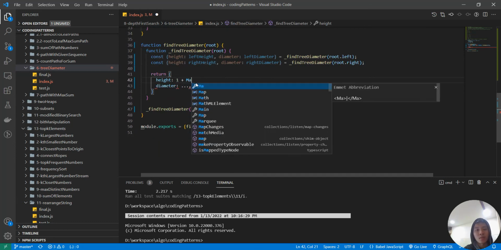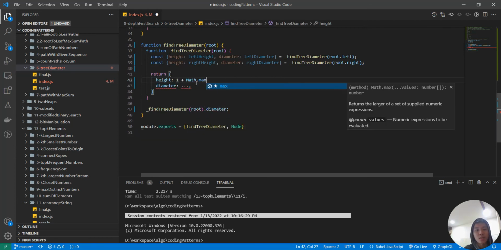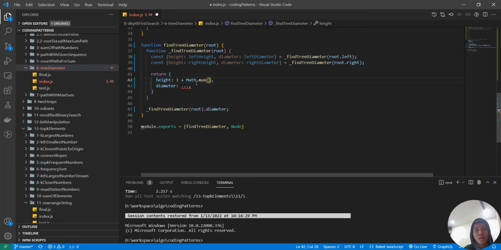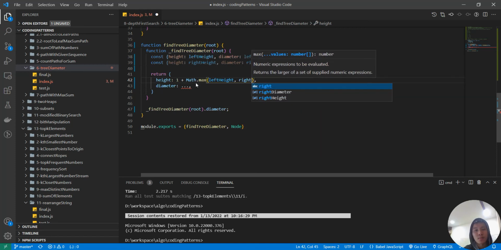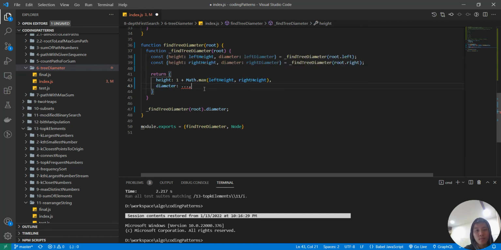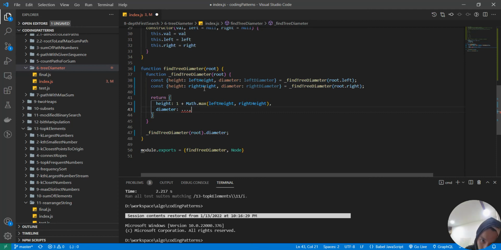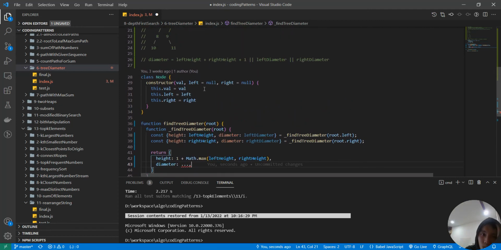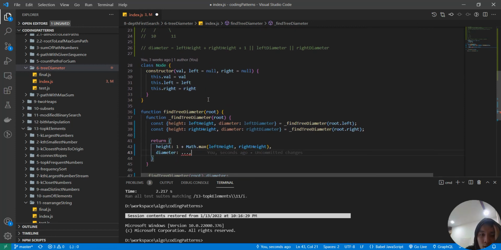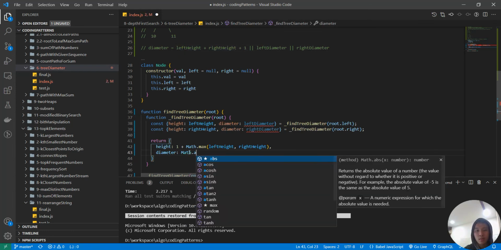So it will be max of left height and right height. Okay, diameter. As we discussed earlier, the diameter of a root could be either one of these values, and we would take the one that is largest.